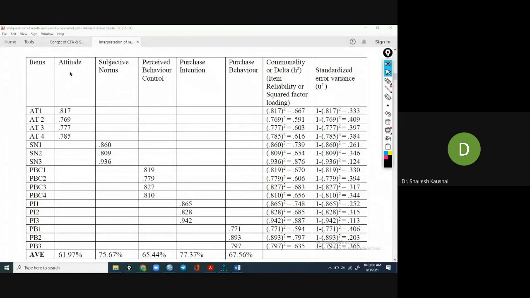All the values we will obtain from the Amos output. The attitude is the first construct, and it has 4 questions, so all the values we can see here.